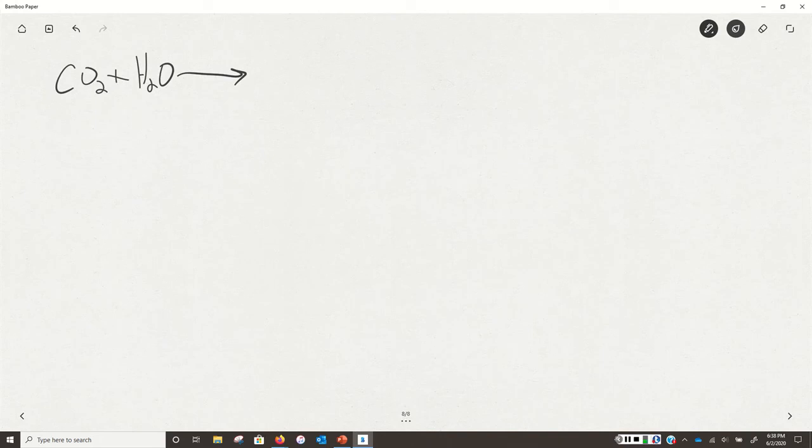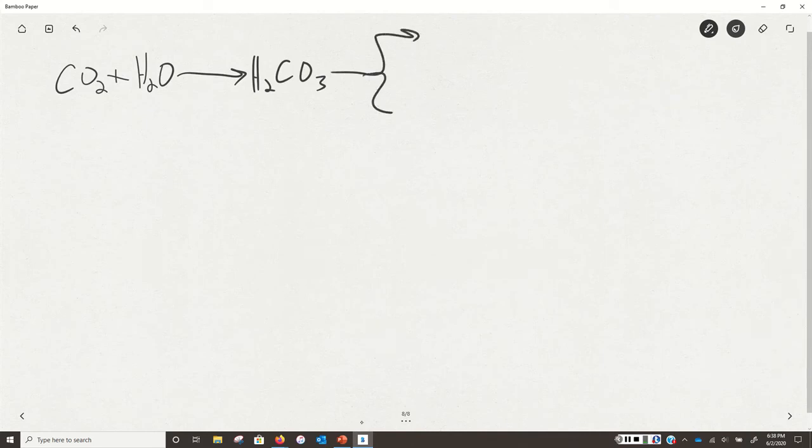So CO2 plus H2O leads to H2CO3, carbonic acid. And carbonic acid dissociates into H+ and something with a negative charge. In this case, it produces the bicarbonate ion, HCO3-.